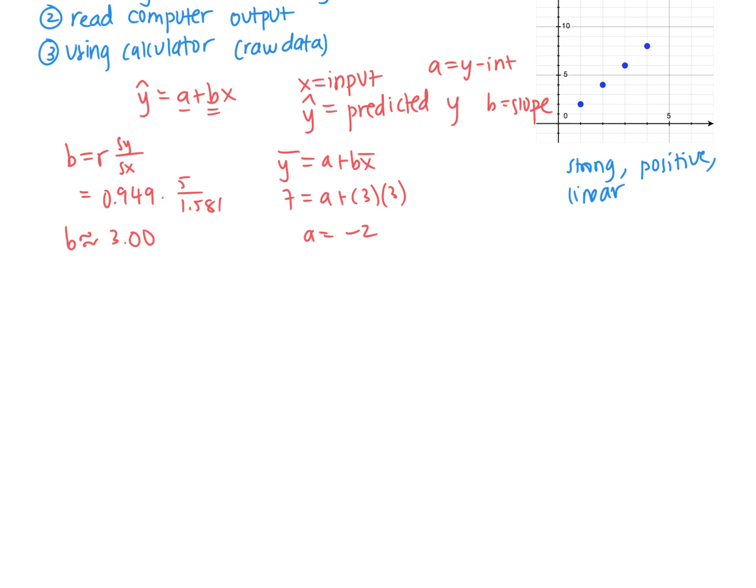So then finally, our answer would be y hat is equal to a plus bx. And if we had a context, we would say x represents something, and we would say y hat represents a predicted something, whatever the context is.